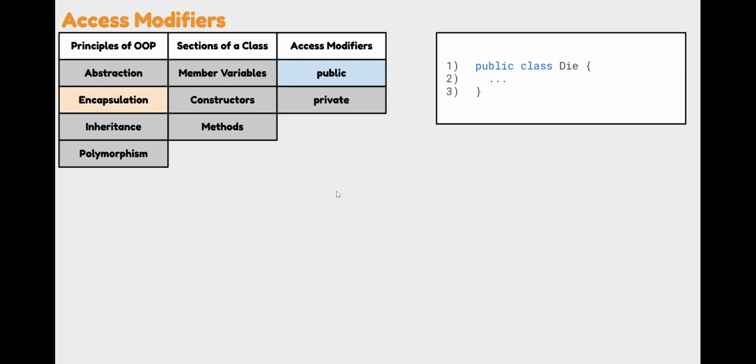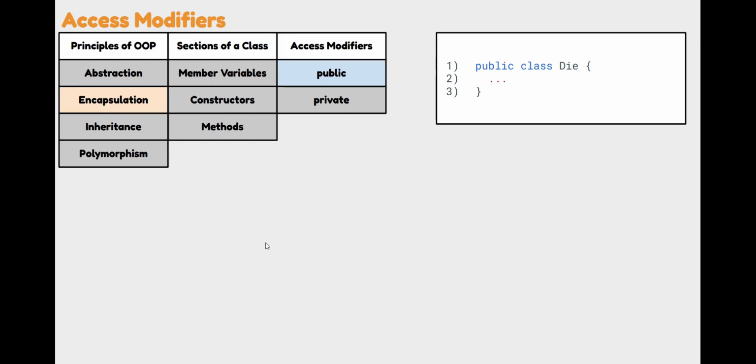The first thing that we're going to be looking at is the class definition in general. Now, the class definition will have an access modifier of public. As we talk about access modifiers, this deals with our principle of object-oriented programming of encapsulation.